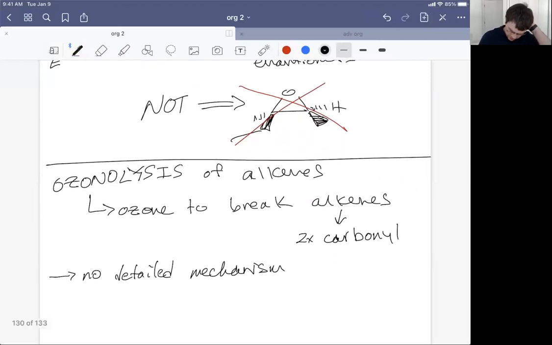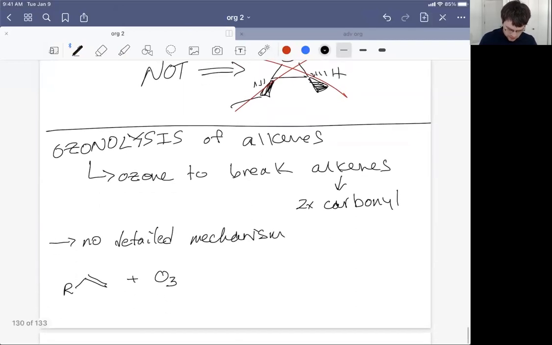If we've got our alkene and we add it to O3, O3 is ozone, we're going to crack the alkene in half.